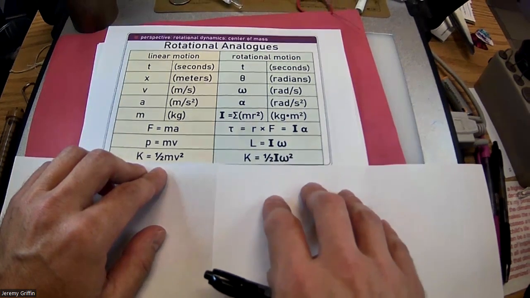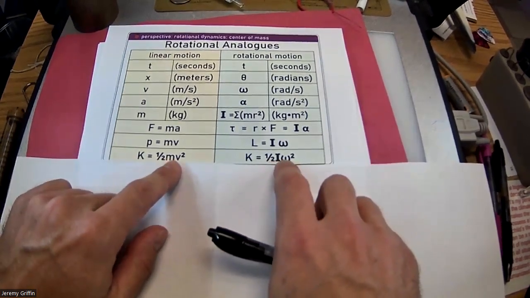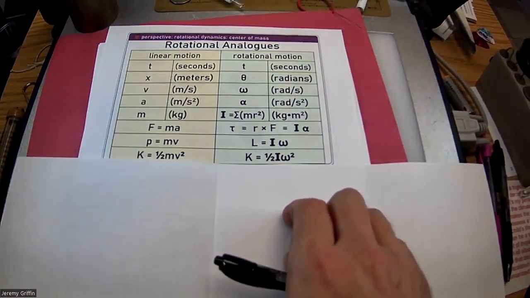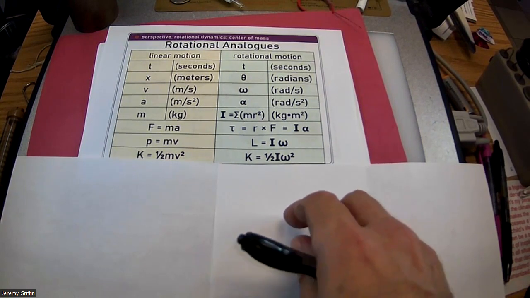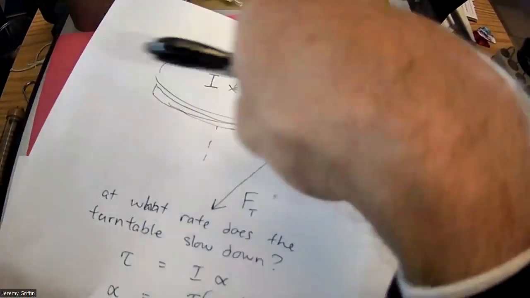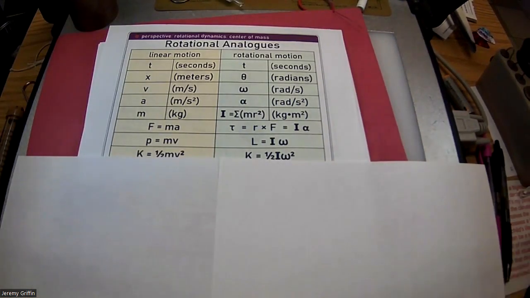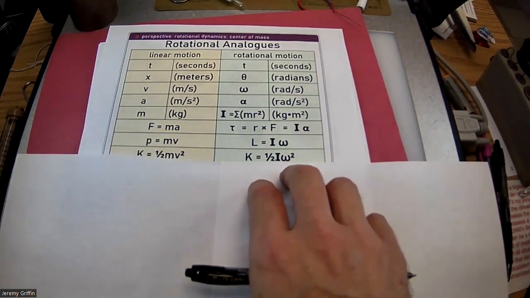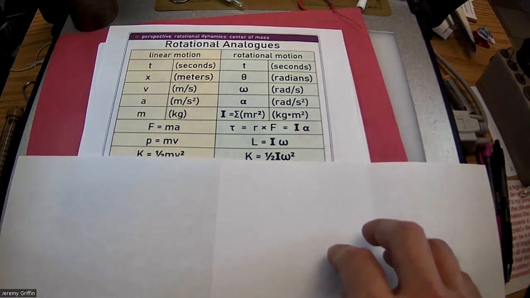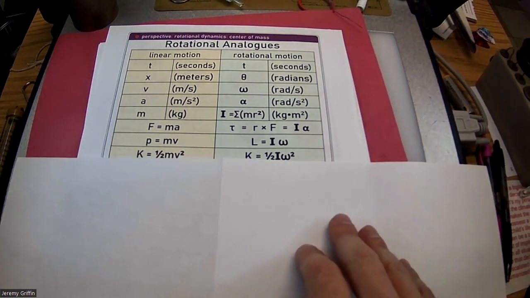Boom, 1/2 I omega squared. If you just pop in the analogous parts, you get a completely valid formula too. So maybe this turntable, rotating whichever way it's rotating, has some energy associated with that rotation, and you can quantify it like this. Okay, guys, good.